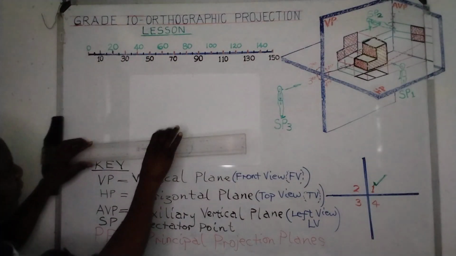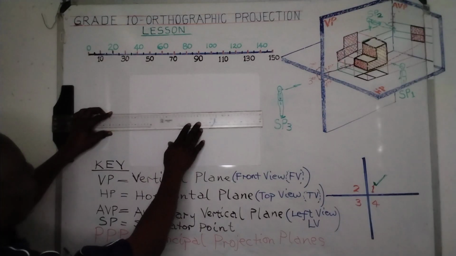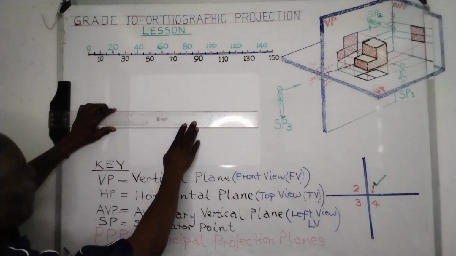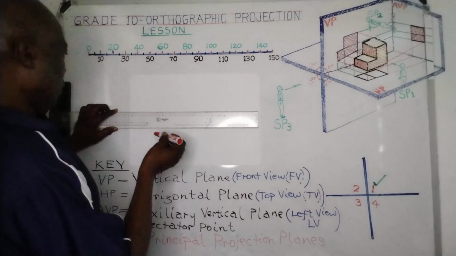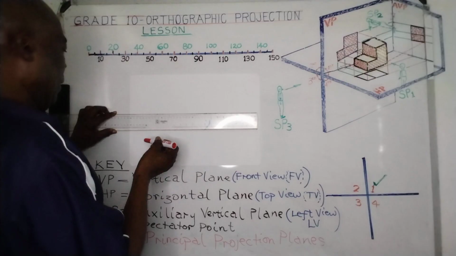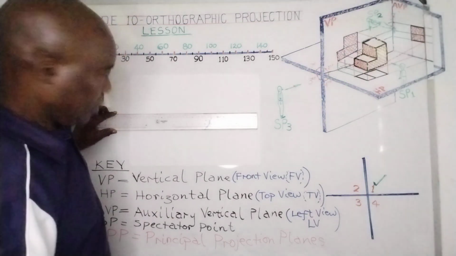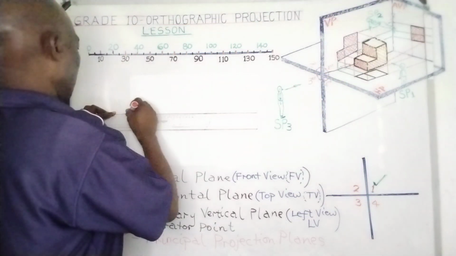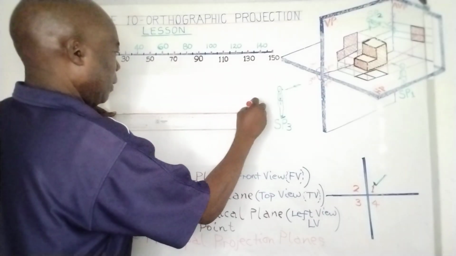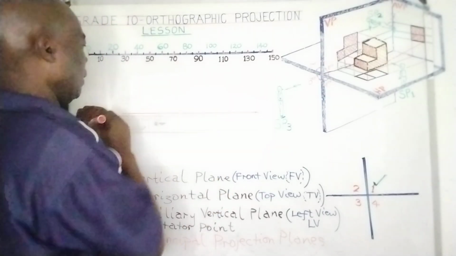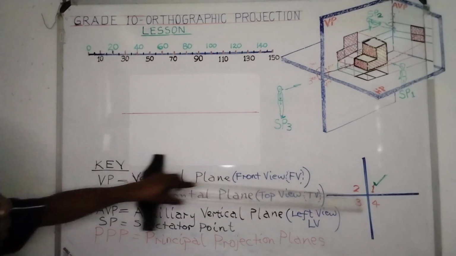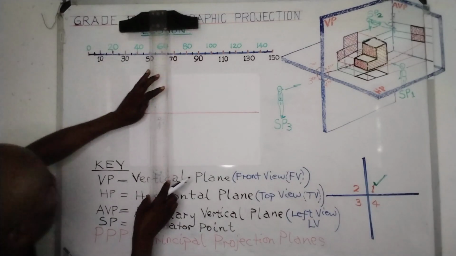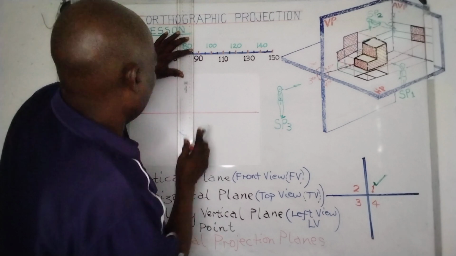Let me put some other labels, right, so that we see what I'm talking about here. So this is the front, the vertical plane, VP.